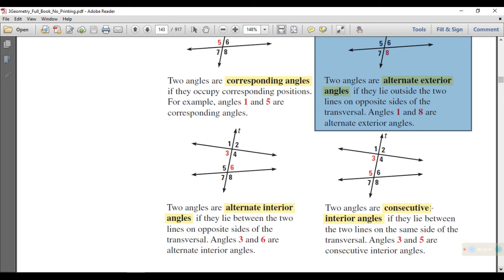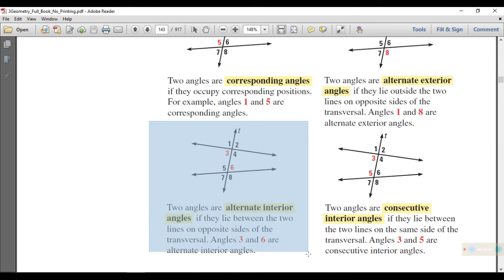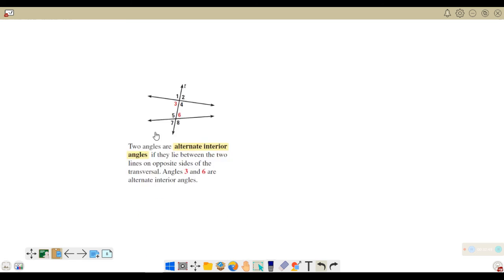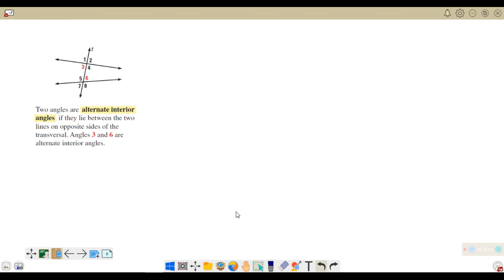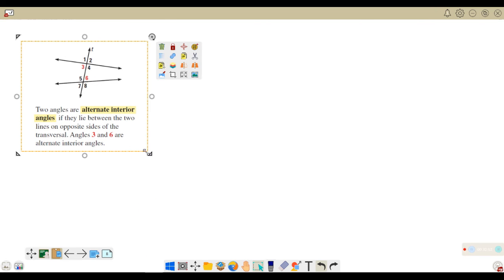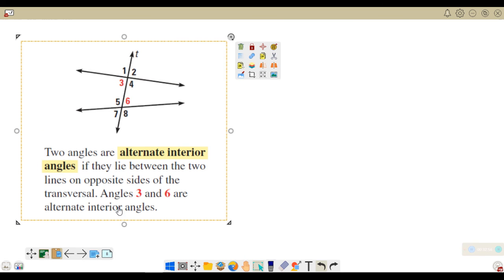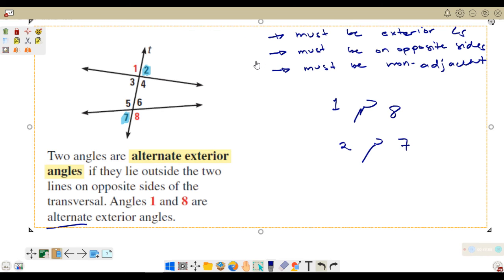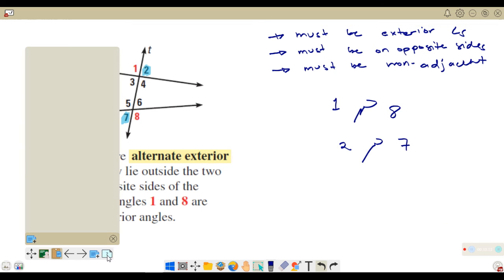Alternate interior. Kapares lang din to halos nung kanina. Kaso sa loob naman tayo titingin. Para madali yung explanation ko, kukopyahin ko na lang yun nandito. Ay, hindi pala pwede. Paano kaya to?